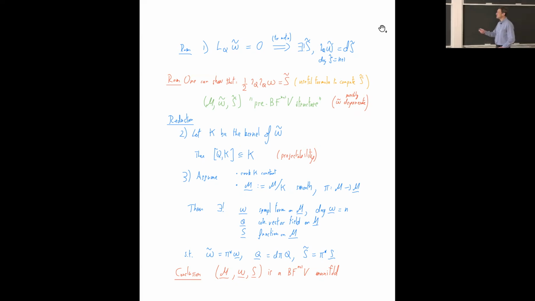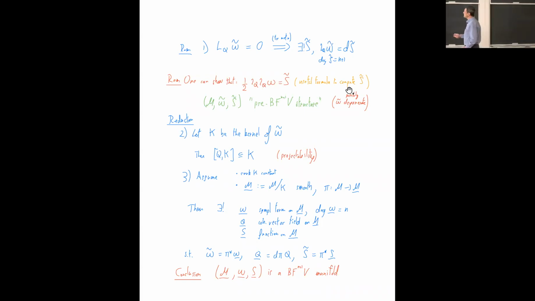Essentially, you use the homogeneous degrees to show that this equation implies that Q is actually Hamiltonian, and then you easily verify that the Hamiltonian function is unique because constants should have degree 0, so you're not allowed. So for most cases, and actually for the case I'm interested in this talk, this happens.